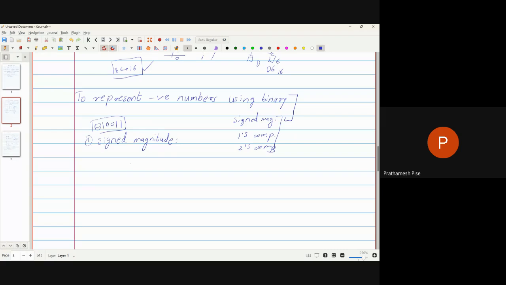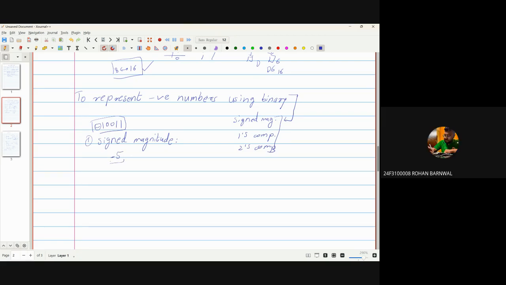So can somebody tell me what signed magnitude is? That is very simple, right? Tell me how I can represent -5 in signed magnitude.